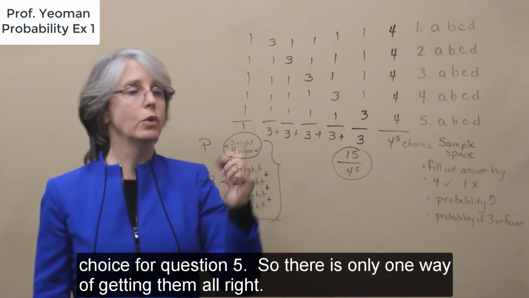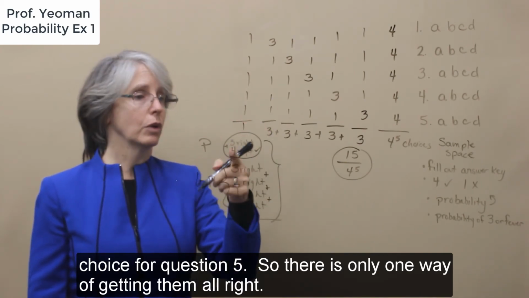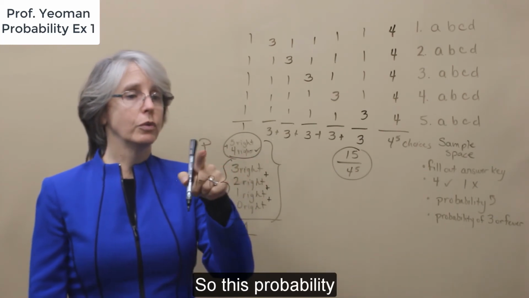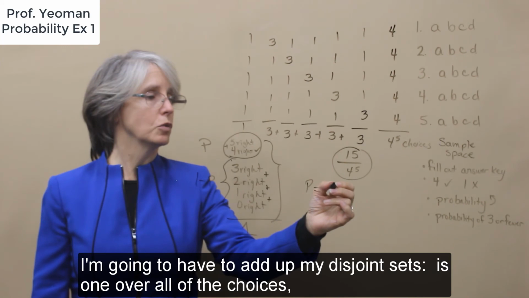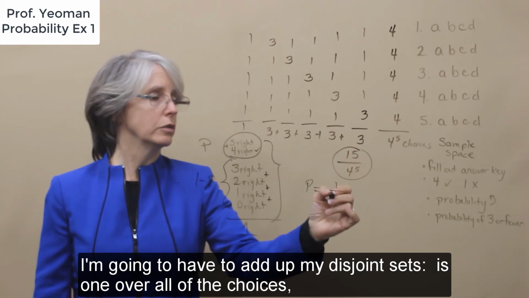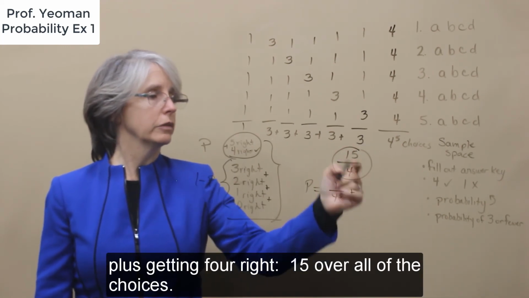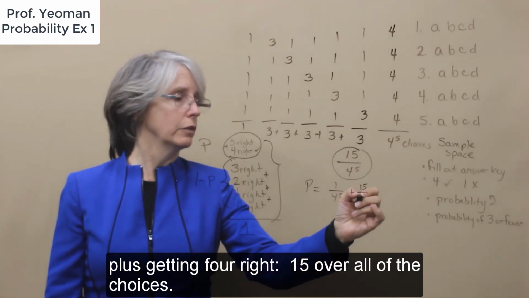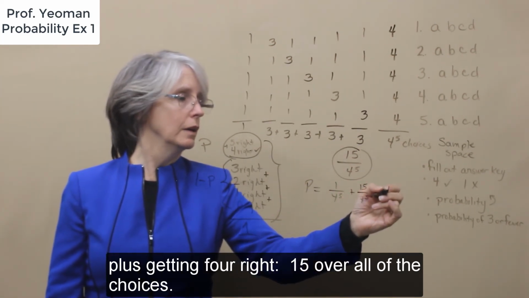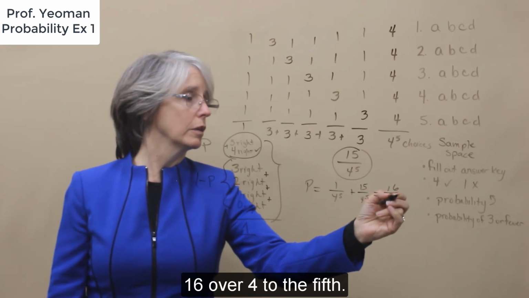So there's only 1 way of getting them all right. So this probability, I'm going to have to add up my disjoint sets, is 1 over all of the choices plus getting 4 right. The 15 over all of the choices is 16 over 4 to the 5th.